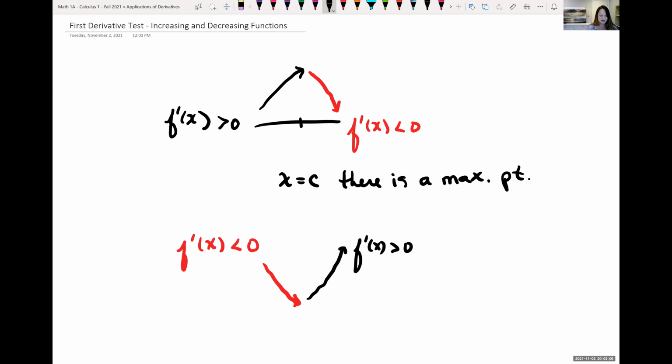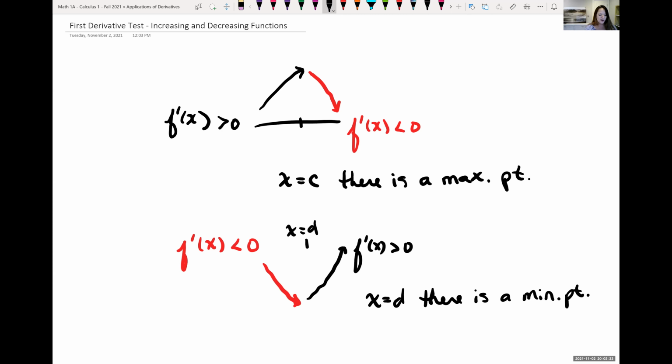Increasing, our derivative is going to be greater than 0 at some value here. Let's say maybe x equals d. Then in this case, at x equals d, there is a minimum point.